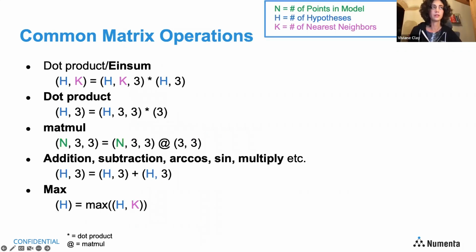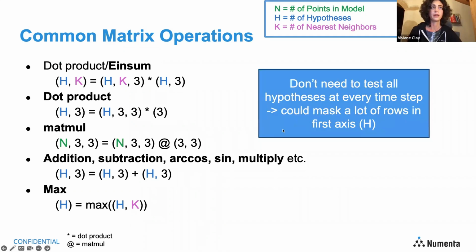So I'm not going to go into the exact applications of these again and where we use these operations, but here's again the collection of operations that we apply. The main point is that right now we always do the full matrix operation on all of the hypotheses.